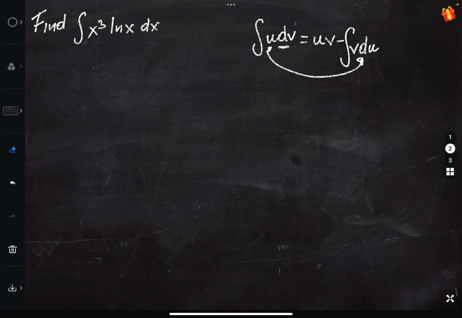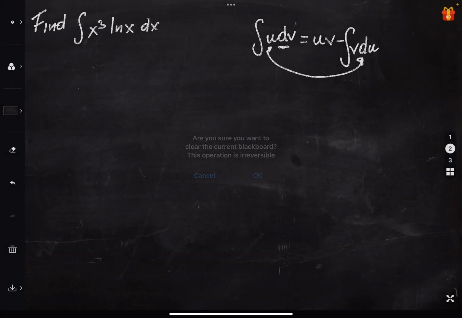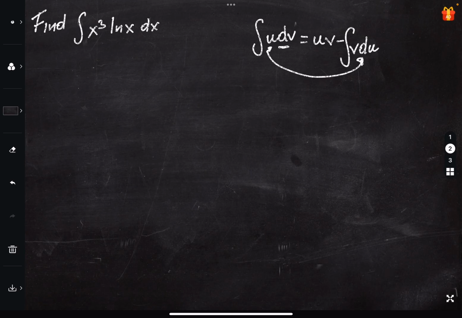So that being said, I'm going to start by figuring out the missing components. My u is going to be natural log of x, and my dv is going to be x cubed. Taking the derivative of u with respect to x, I end up with 1 over x.